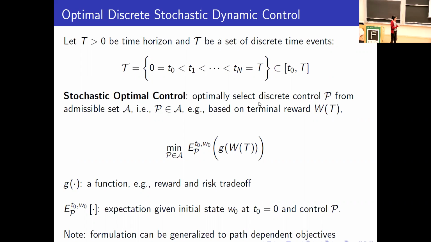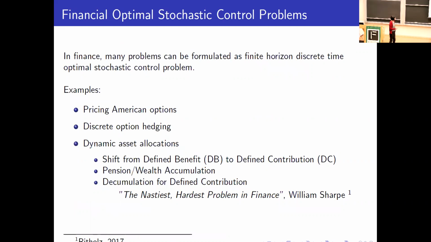The objective function could be generally stated as finding the optimal control so that the conditional expected reward, some function of the wealth, is minimized. This objective encodes the risk and the return in some measure. Here I describe the problem with objective functions based on terminal wealth at the end of a 30-year horizon, but you can generalize it to path dependent reward calculation as well.